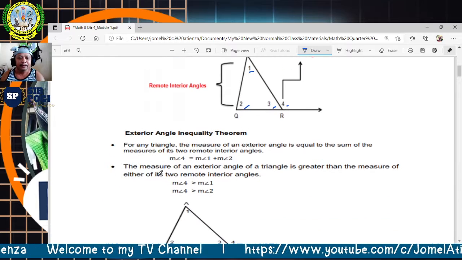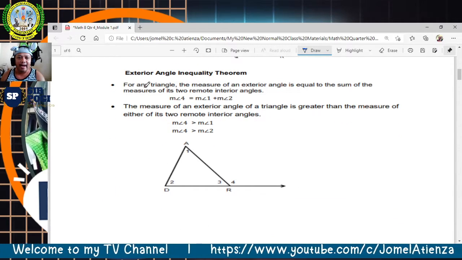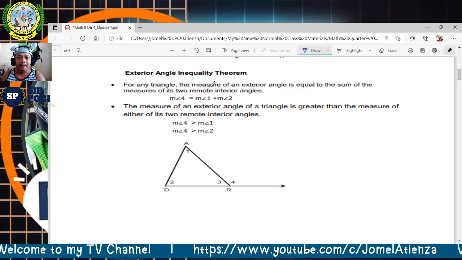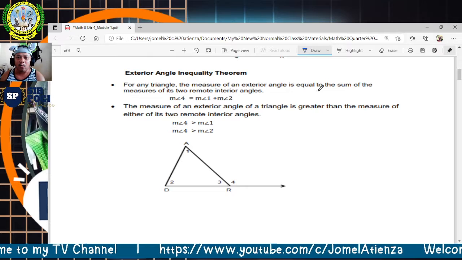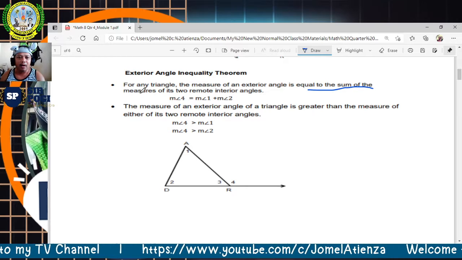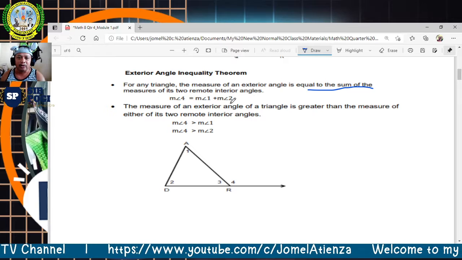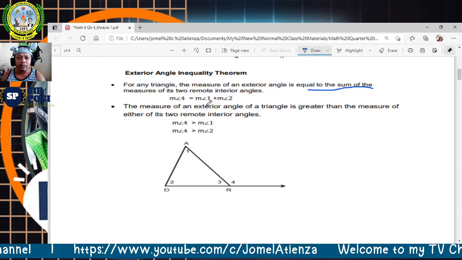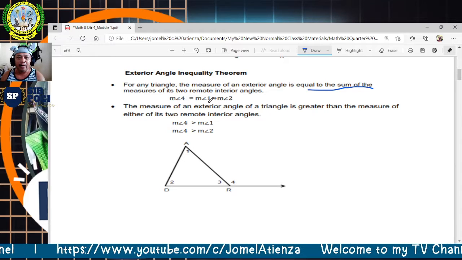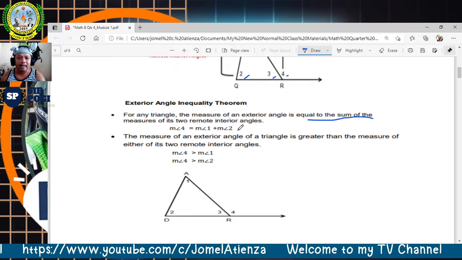Okay? So, the exterior angle inequality theorem. For any triangle, the measure of an exterior angle is equal to the sum of the measures of its remote interior angles. For example, the measure of angle 4 is equal to the measures of angle 1 and angle 2. Take note of that.